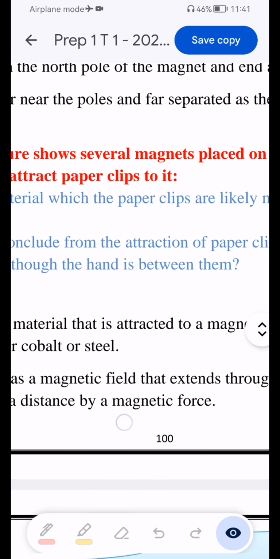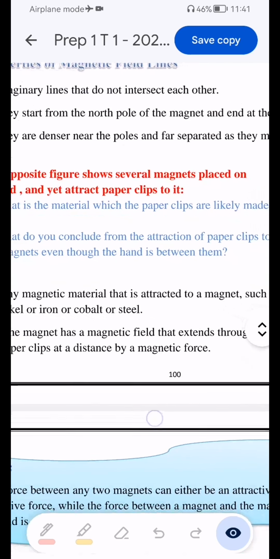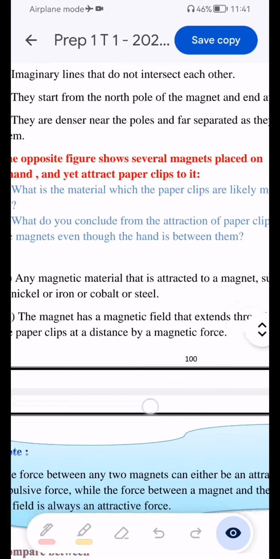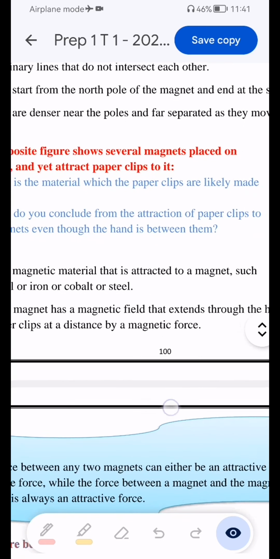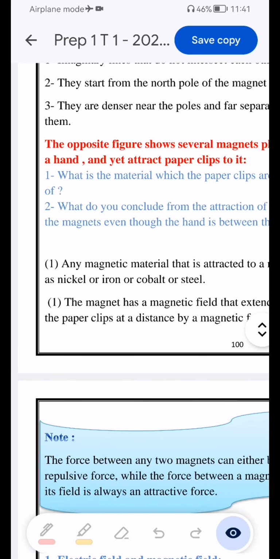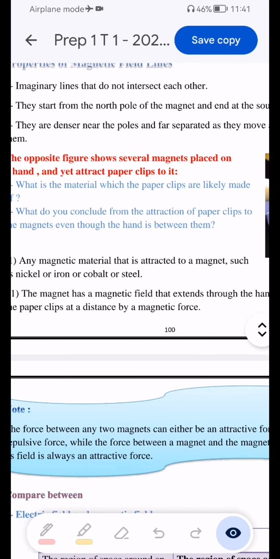So the first answer: any magnetic material that is attracted to the magnet, such as nickel, iron, cobalt or steel. Number two, what do you conclude from the attraction of paper clips to the magnet even though a hand is between them? That means what?